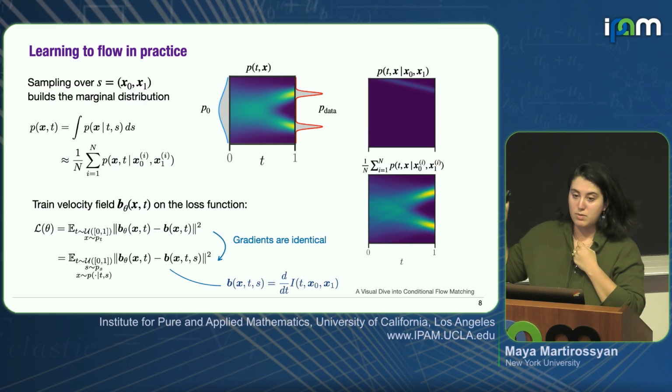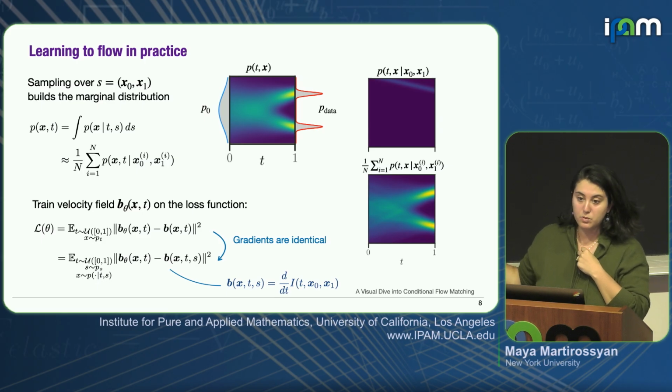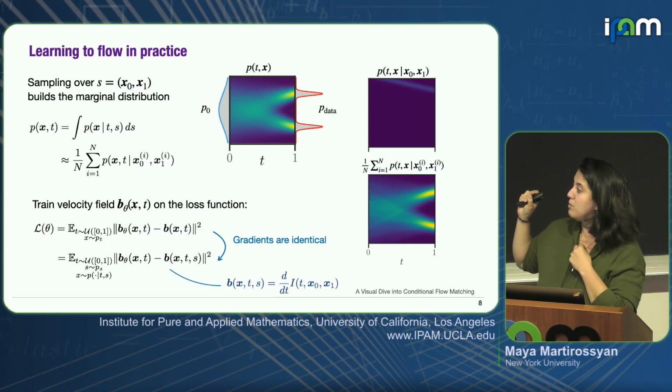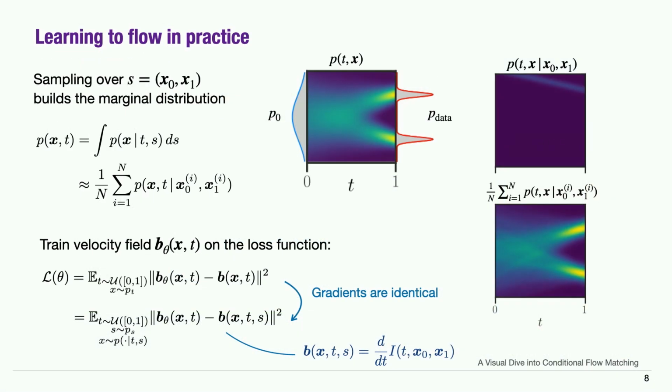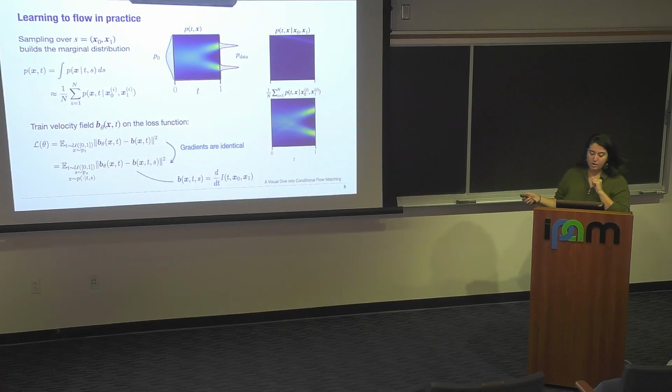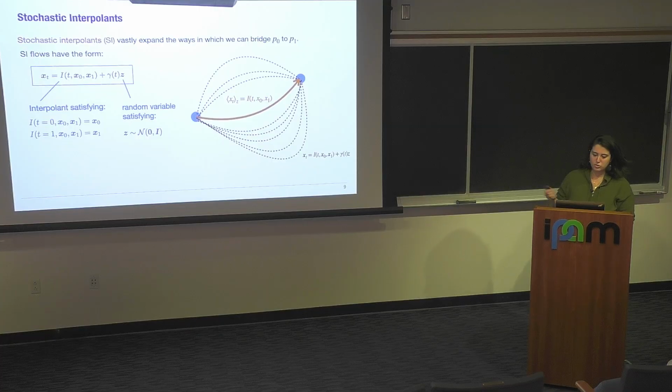You can mathematically show that the gradients are identical. So you can move from having to learn that field, to constructing this entire path, and you show that you can actually do this with samples. That's the idea of conditional flow matching, and this is a really nice guide that I pulled these videos and images from. This is going to build the language that we use in stochastic interpolants.